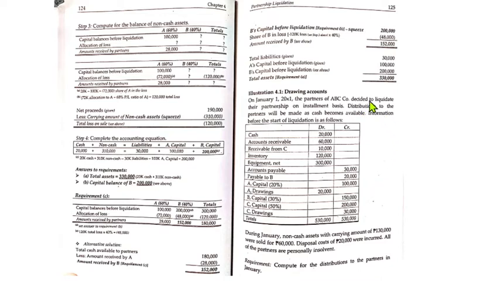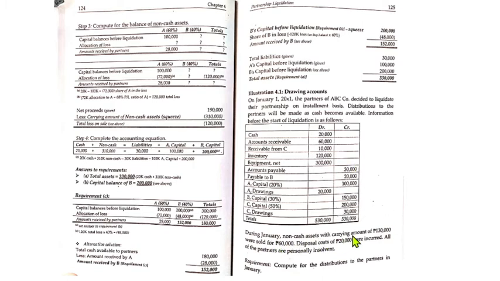So on January 1, the company decided to liquidate the partnership on installment basis. So the distributions to the partners will be made as cash becomes available. So you are given the following information related to the accounts of the partnership.